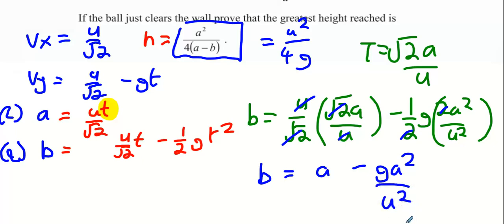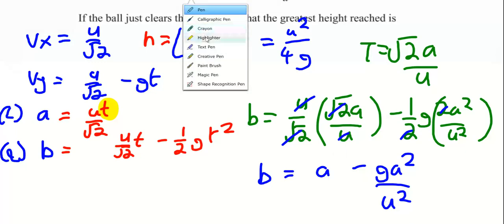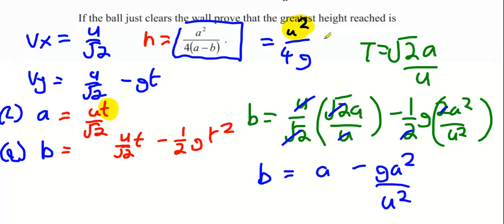I have an idea. My idea is to isolate u squared. Why am I going to isolate u squared? I can sub it in, can't I? See the way we got u squared over 4g? If I isolate u squared, I might be able to sub it and figure out what to do there. So here's what I'm thinking.